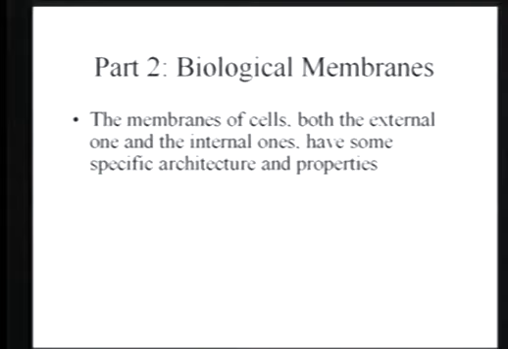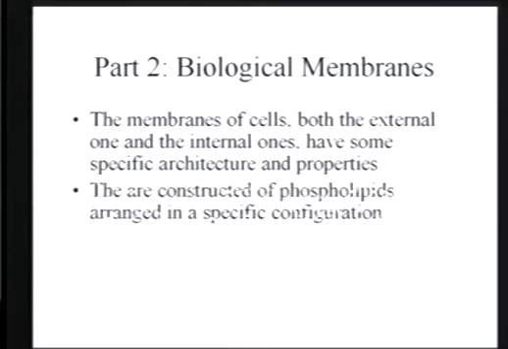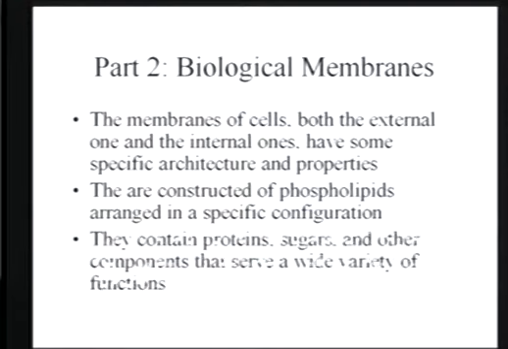How those conditions are maintained in large measure describes the function of this biological membrane. All of the membranes in the cell, the internal ones and the external ones, have a similar basic structure. Okay. They're made of phospholipids. I apologize for the typo. And they're arranged in a specific configuration, as we'll see. The membranes also contain proteins. There's a lot of proteins that are involved with the membrane and just below it.